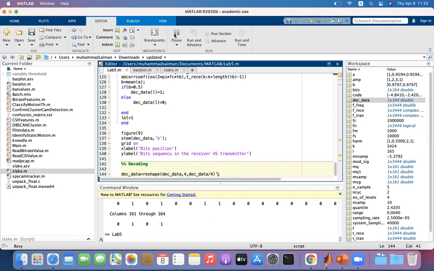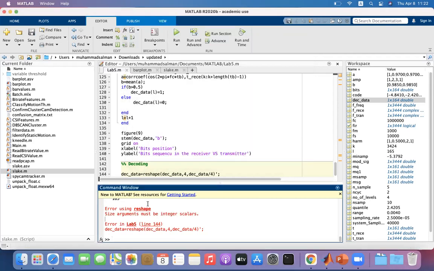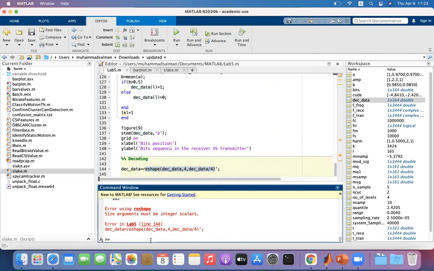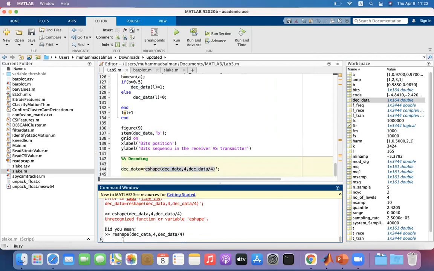And now if I run it, I get an error: must be an integer scalar. What does it mean? It should be an integer scalar. Let me take this one, reshape.